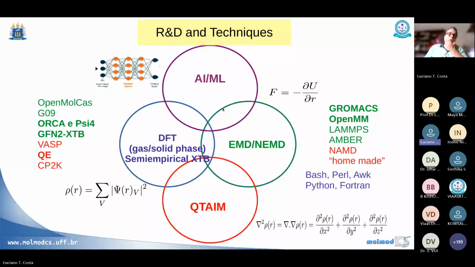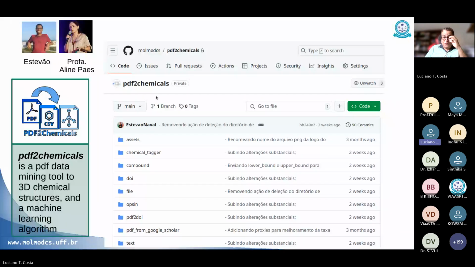The new tool that we developed was PDF mechanical. I believe soon you can have access by GitHub. Now it's close to us because we have finished the patent for it. This is a kind of machine learning algorithm that uses natural language processing to extract, for example, molecule structures from PDF files.